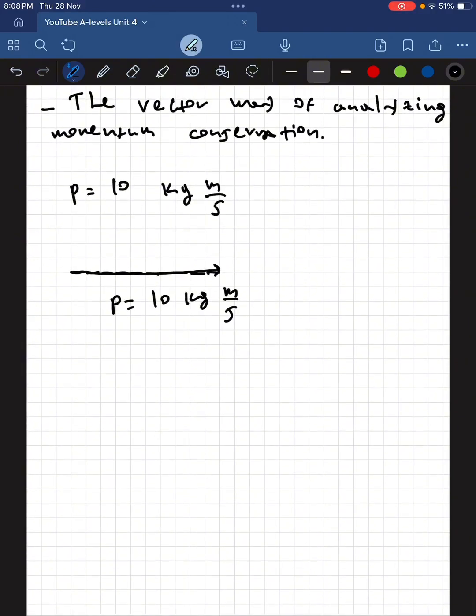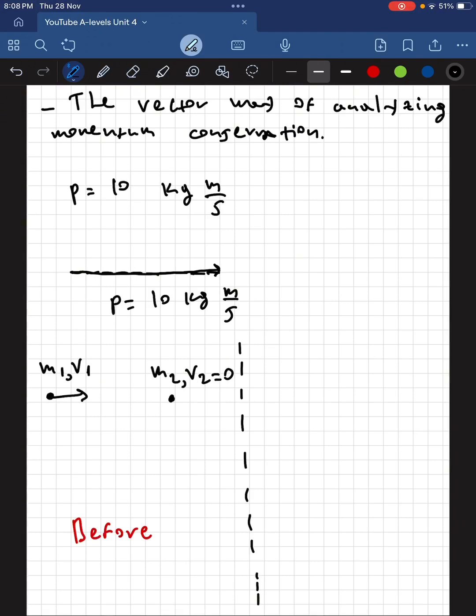So will I need extra space? Let's examine the exact same thing we just saw. Before, we have a ball m1 moving to the right with velocity v1, and it hits a ball that is stationary.